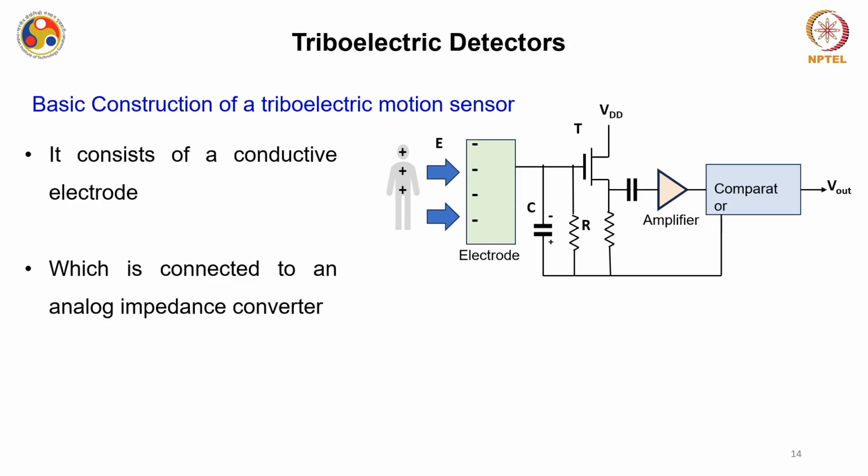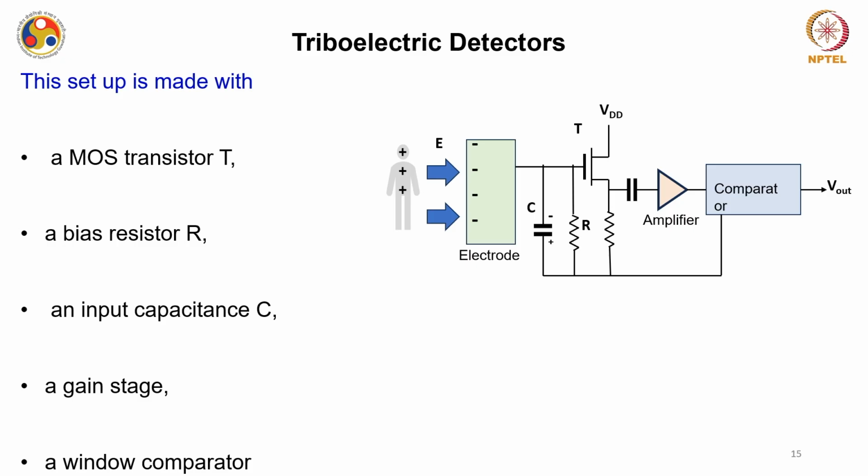Let us understand the basic construction of a triboelectric motion sensor. In this configuration, you have a conductive electrode which is connected to an analog impedance converter. This setup is made up of a MOS transistor, a bias resistor, an input capacitor, a gain stage and a window comparator.